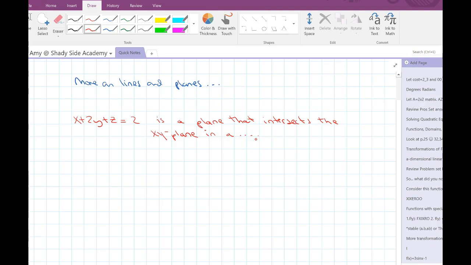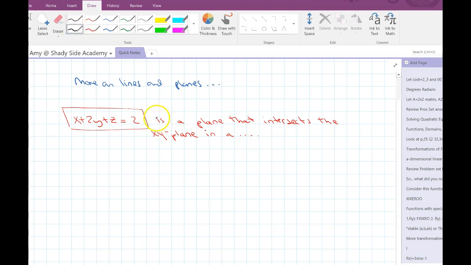All right, so what I'm doing here is I'm actually taking even a step back a little bit and really kind of forcing the issue of your visualization. I gave you an equation of a plane, and before we get to the question I just wrote down, I actually thought of an even more preliminary question.